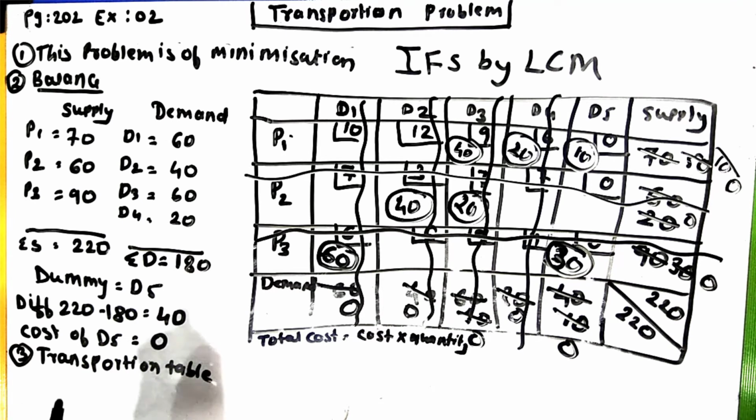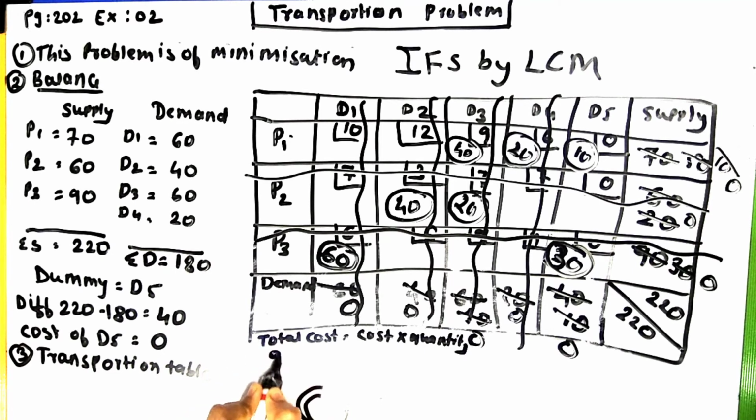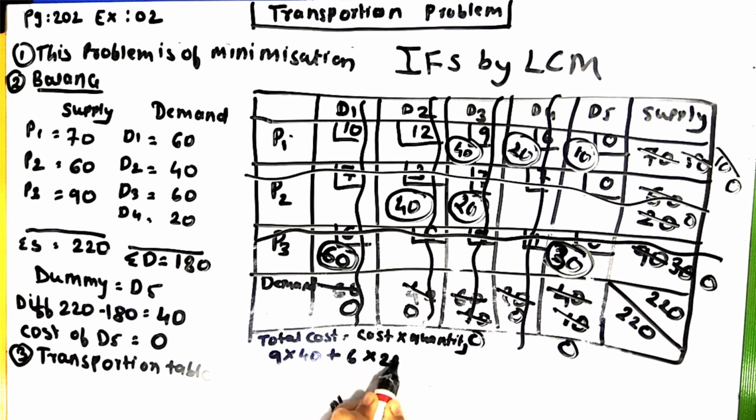Our first allocation is in P1 D3, so their cost is 9 into 40, plus our second allocation is 20, which is in P1 D4, so cost is 6 into 20, plus next is 0 into 10: P1 D5 cost is 0, allocation is 10.